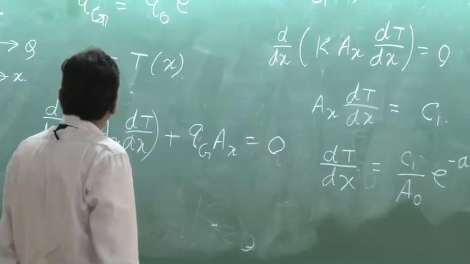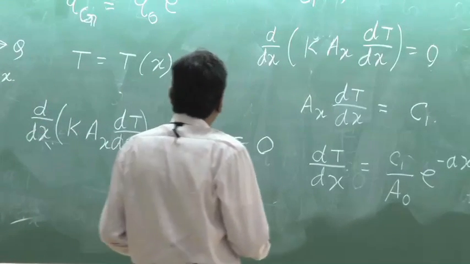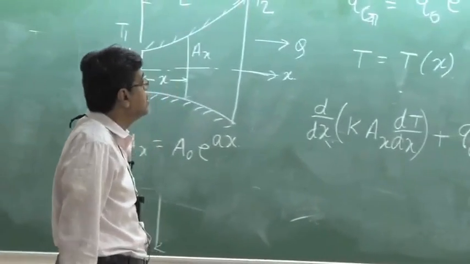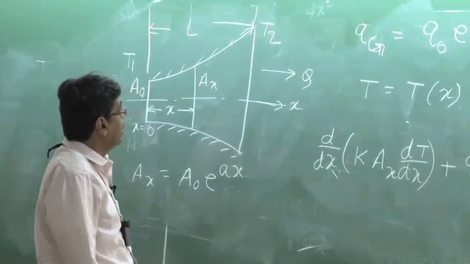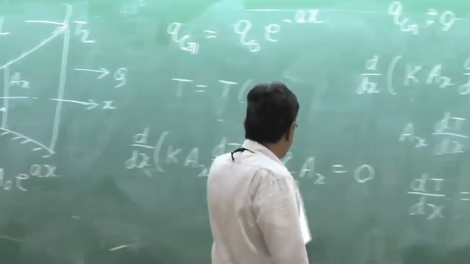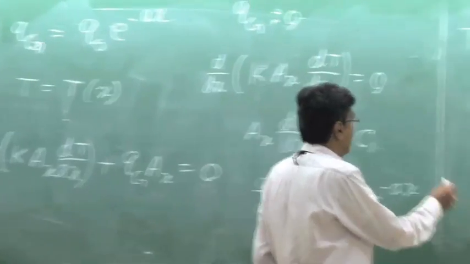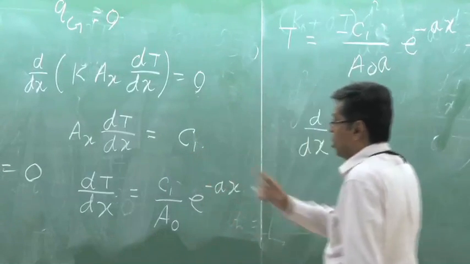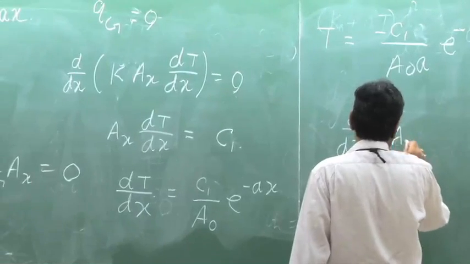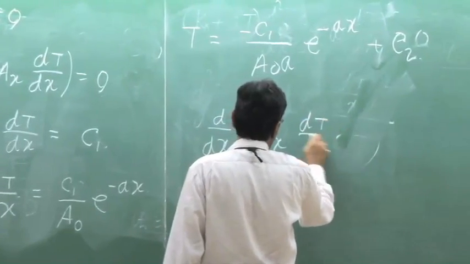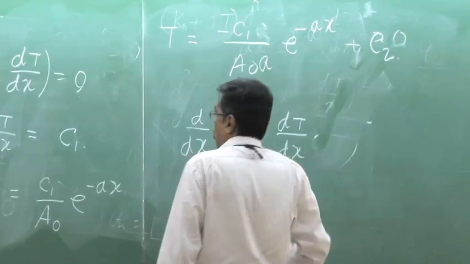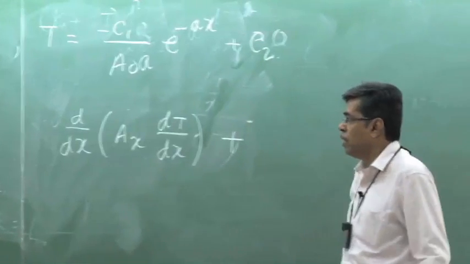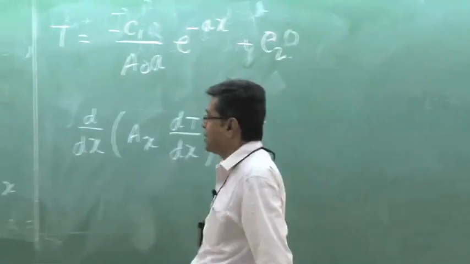Now the next one is the heat generation. What is the heat generation? Qg is Q0 e to the power minus Ax. If you take care of this, then you write here ddx of, by taking the thermal conductivity, of course, K Ax dT/dx plus Qg into Ax.